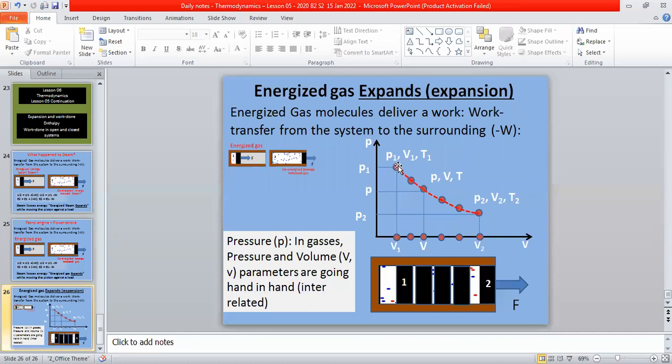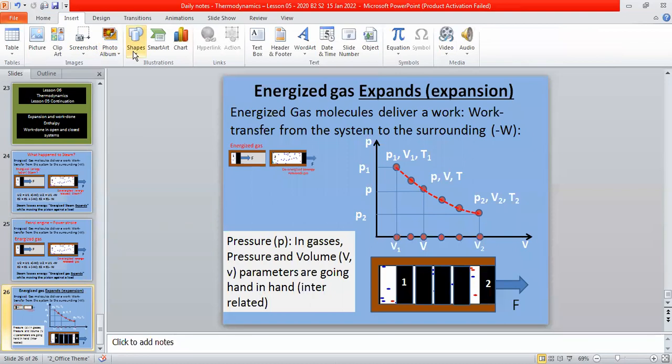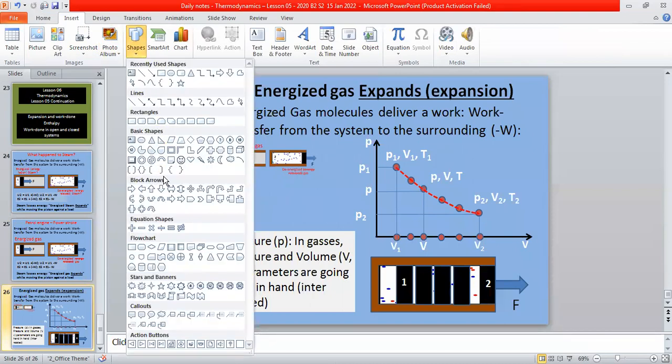And if you need to look into this P1 V1 to P2 V2 change, of course, the change is from 1 to 2. So here also from 1 to 2. This is state 1. This is state 2. From 1 to 2, this process takes place. So there is a direction for this.